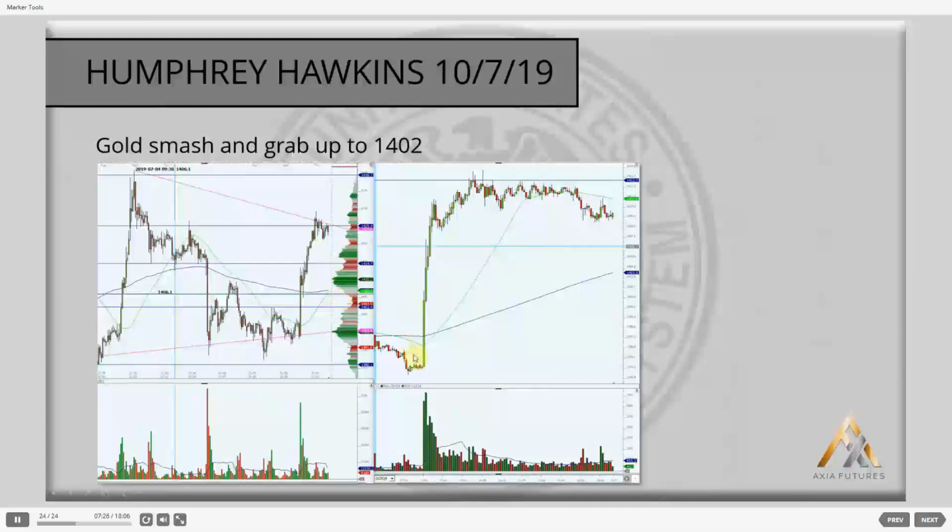But the initial trade here, and we're going to contrast the smash and grab with a continuation trade that occurs in the S&P. So gold takes on this first quick move. Here's your smash and grab trade up to 02s, up to 06s, and then a continuation through 06 right the way up to 14.7.